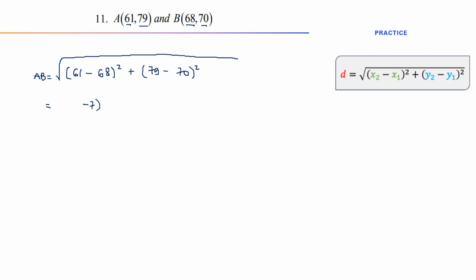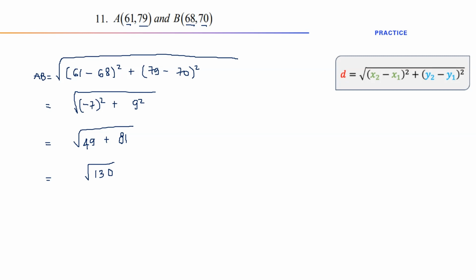So -7 squared plus 9 squared. Okay, so we have 49 plus 81. That equals 9 plus 1 is 10, write 0, remember 1. So 4 plus 8 plus 1 is 13, under the square root, 130.